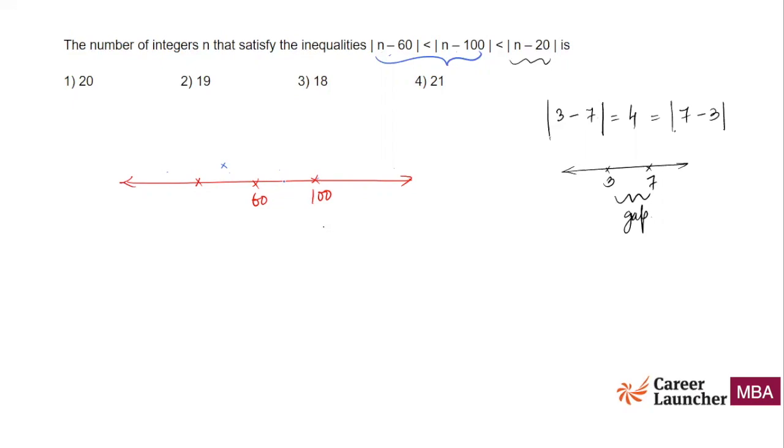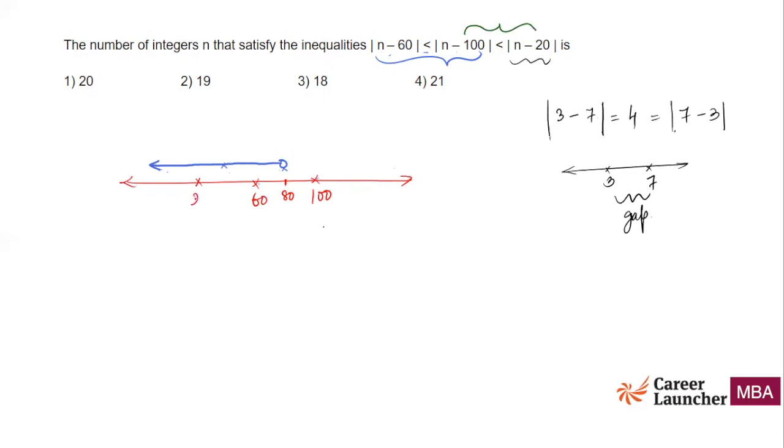The value exactly between 60 and 100 is 80. If I put n at 80, it is equidistant, but we need closer to 60, right? So this is what the range of n will be: n is a value less than 80. Okay.